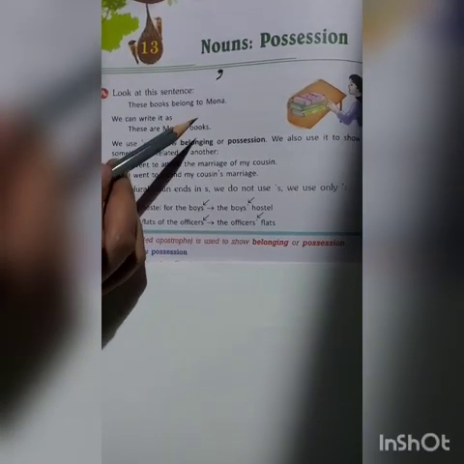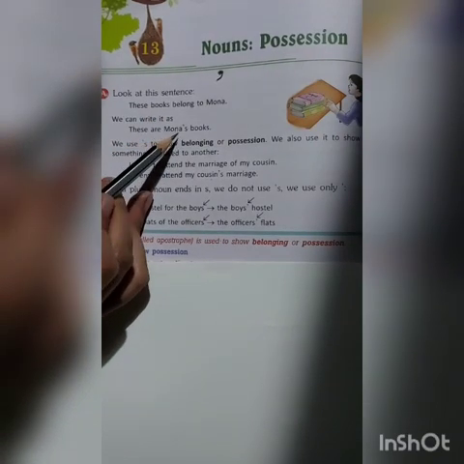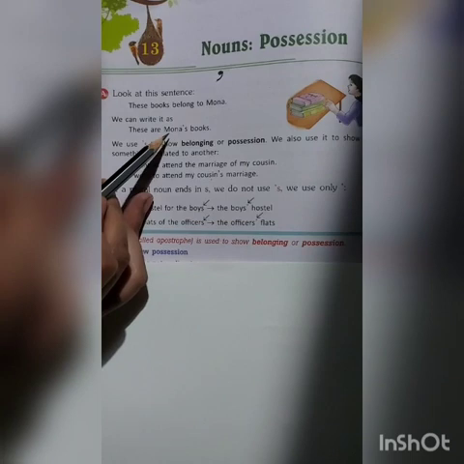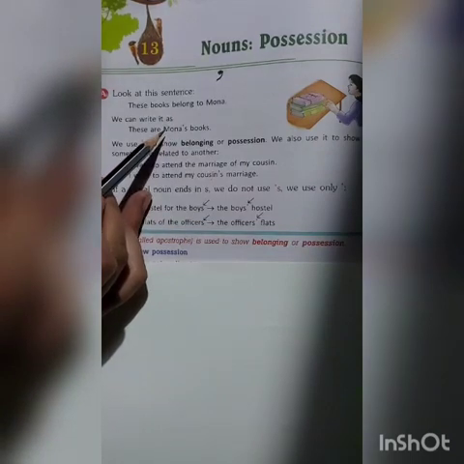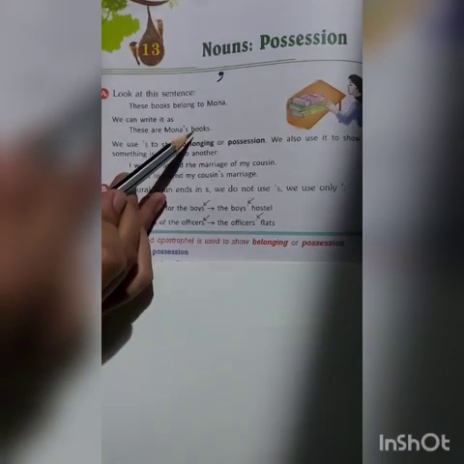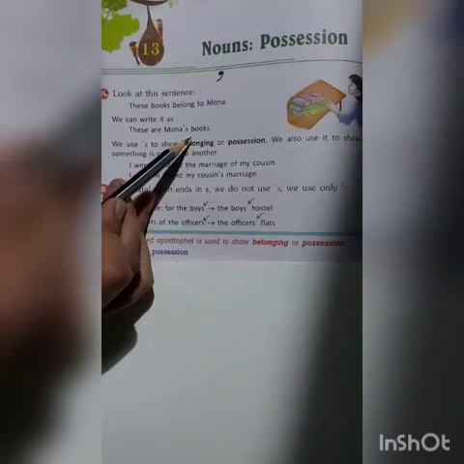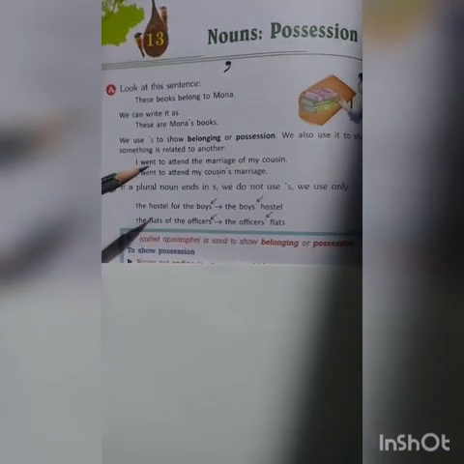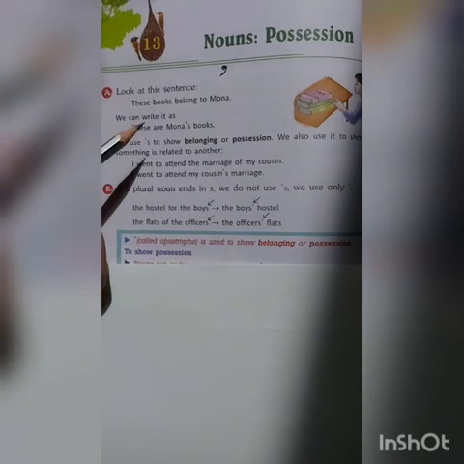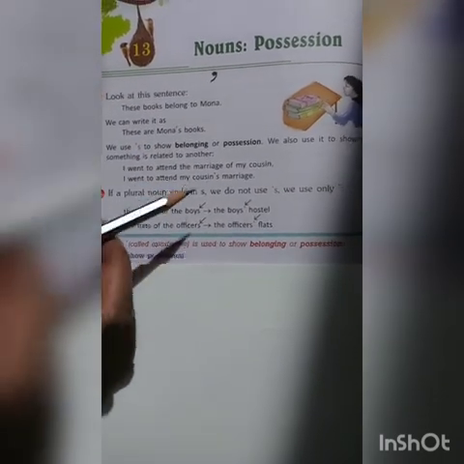Like in case of Mona, Mona possesses what? She possesses books. So we have written that these are Mona's books. So the name of the person who owns something, then an apostrophe, then an S, and then whatever the person possesses. So children, this is how we indicate possession or belonging.